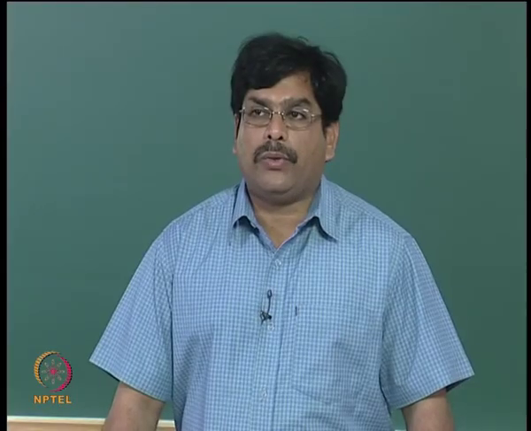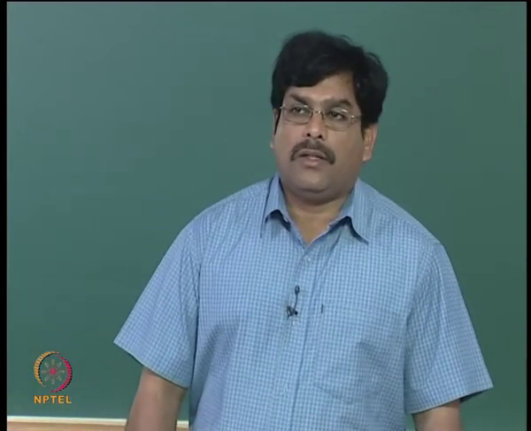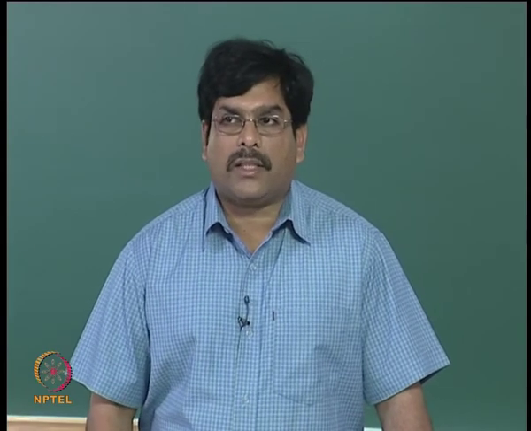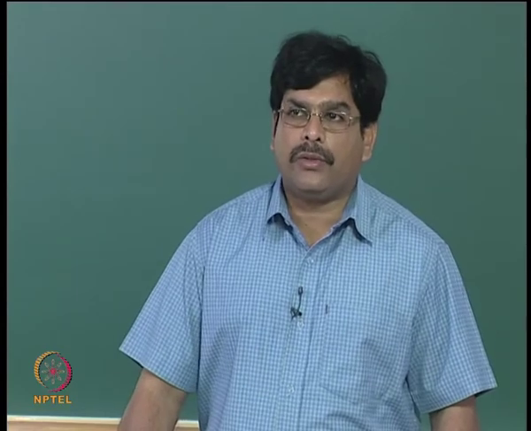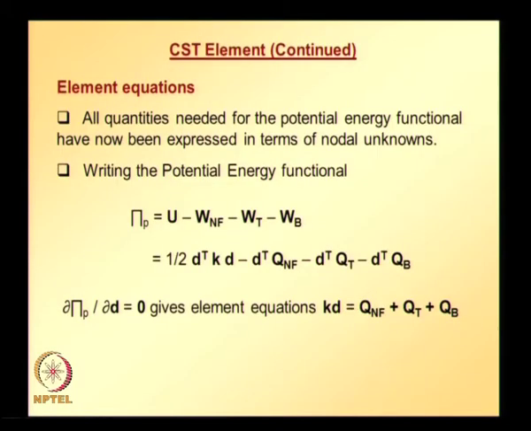Kd equal to Qnf plus Qt plus Qb. Qnf is the vector consisting of concentrated forces, Qt is the equivalent nodal load vector due to tractions, and Qb is the equivalent nodal vector due to distributed forces.